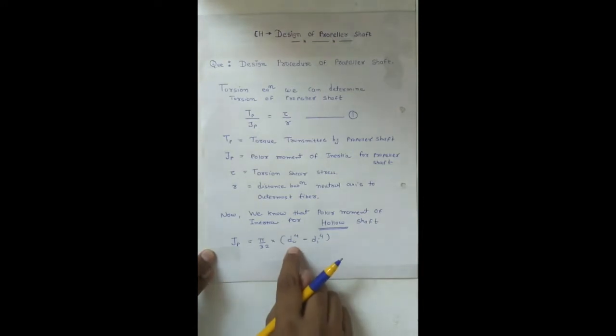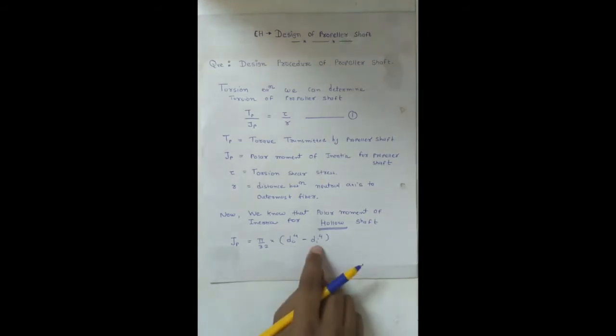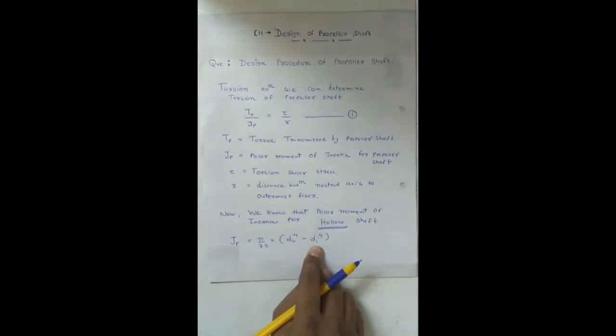Here do is the outer diameter of the propeller shaft and di is the inner diameter. In the example we use this equation, and we have to find do or di, the outer diameter or inner diameter of the shaft.